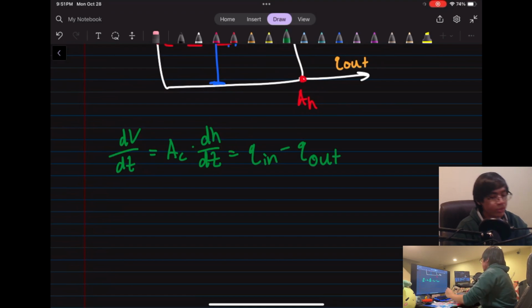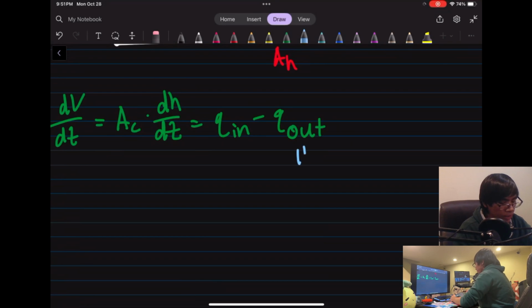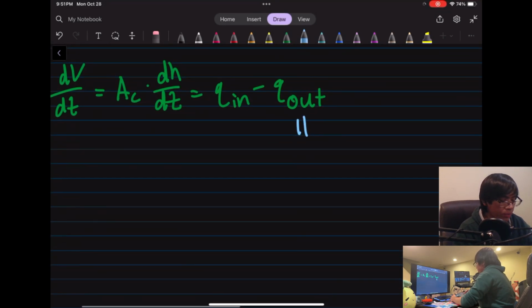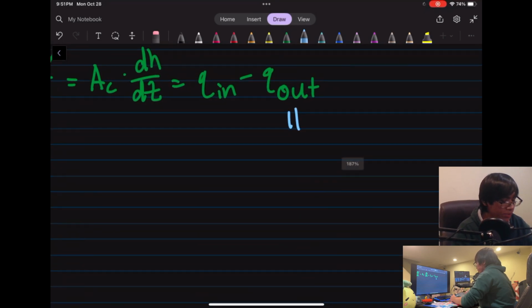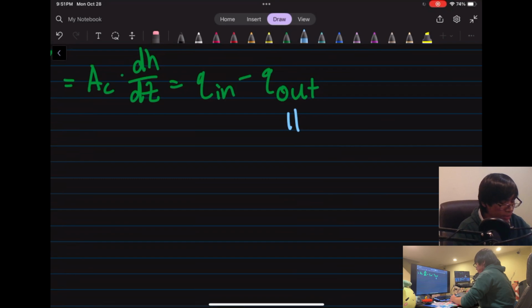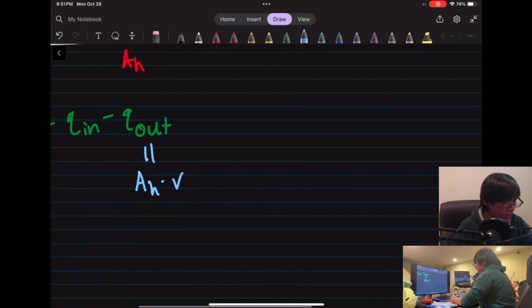Remember in our previous problem, I'll try to go through this a little quickly. Q out, we determined, was equal to an expression using Bernoulli's equation, where we set it equal to 0 to represent no losses, but essentially it was the cross-sectional area of the hole times the velocity of that hole. So I can go ahead and do that real quick.